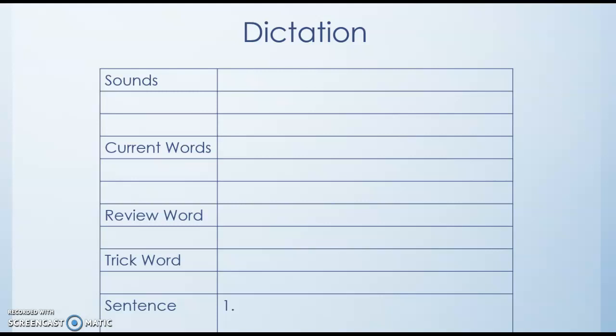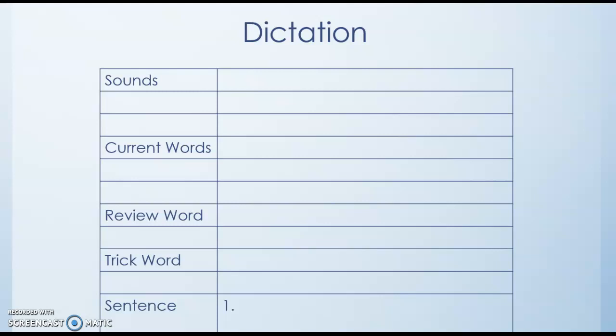But first sound is sh. The second sound is z. Remember, sometimes there's more than one letter, more than one way to make the z sound.